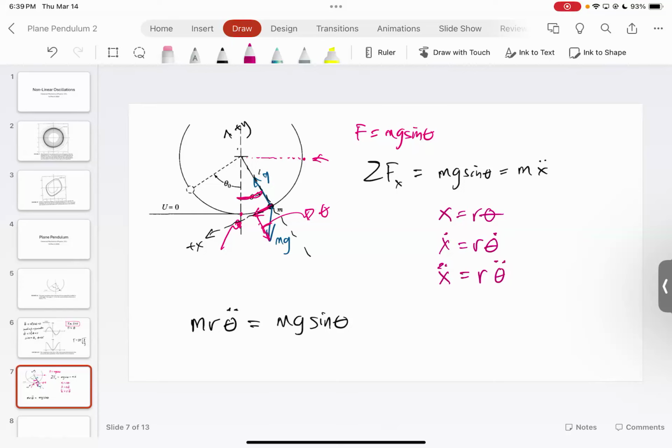The m cancels, and we end up with theta double dot equal to g over r sine theta. So theta double dot minus g over r sine theta is equal to 0. Then we say omega naught squared is g over r. So that's one way to set up the equations of motion.